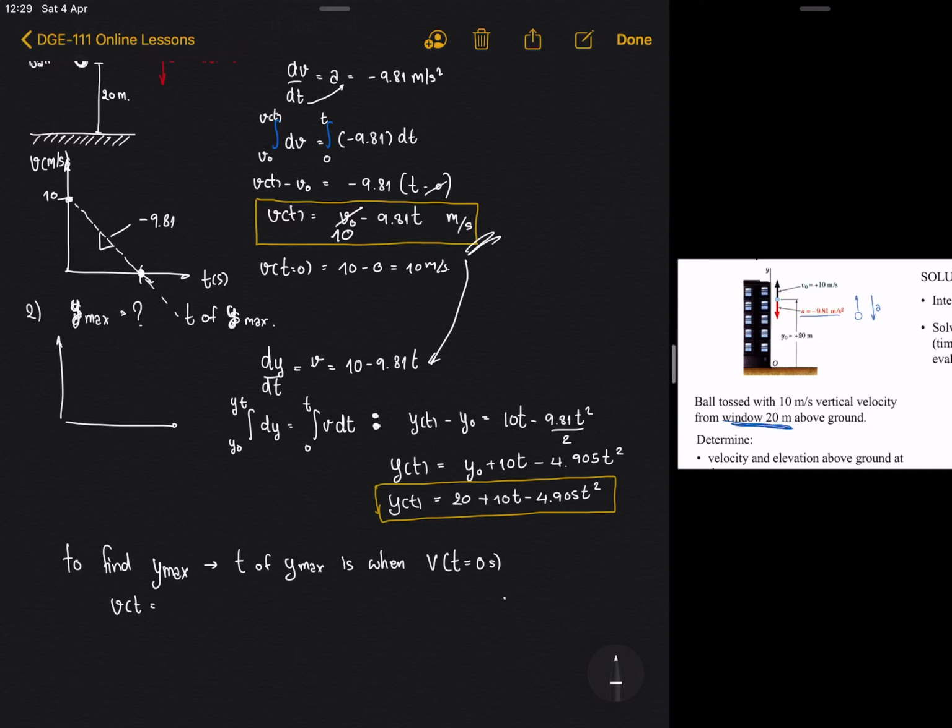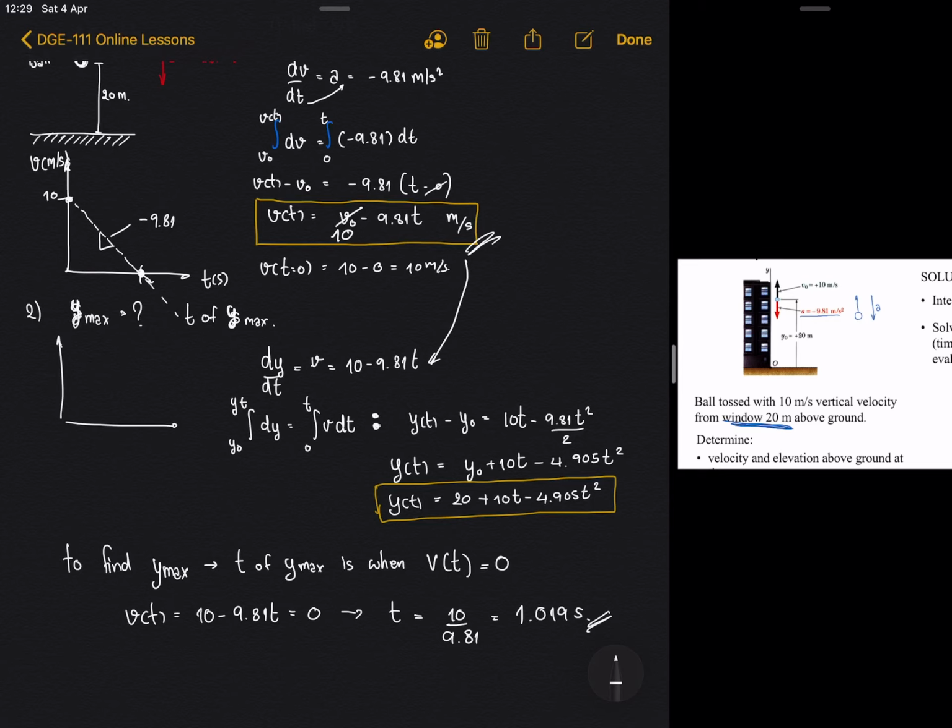Oh, sorry, my bad here. So when we reach y max is when v(t) is equal to 0. Okay, so then v(t) is equal to 10 minus 9.81t, and then everything is equal to 0, which means t is equal to 10 over 9.81, and then in the end it's equal to 1.019 seconds.